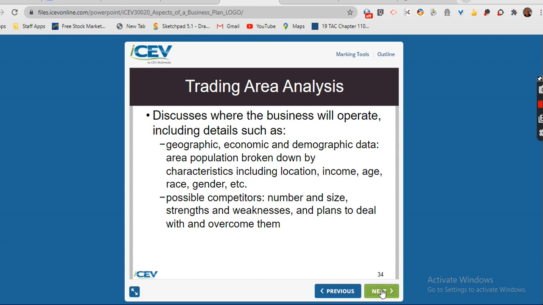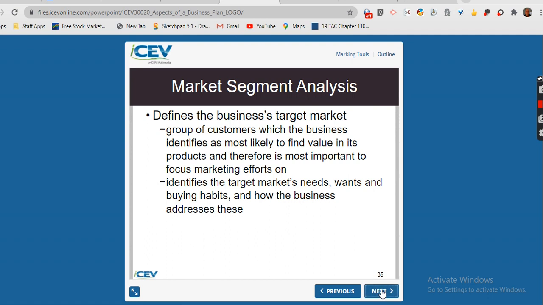Now, the next thing I want to know here is our market segmentation. What that means is, out of all the people who could buy, what part of it do I really want to go after? And by deciding what part I really want to go after, then I can focus my marketing, my advertising, and those types of things directly at them with the right wording.